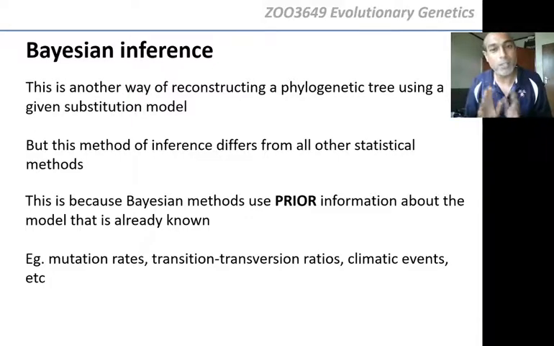We say to Bayesian, no. Don't bother doing all the calculations, just do this set of calculations, because we are convinced, because of other information that we know, that the correct tree will be in this set of simulations.